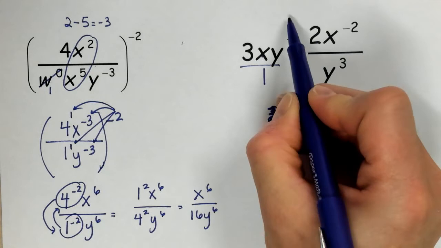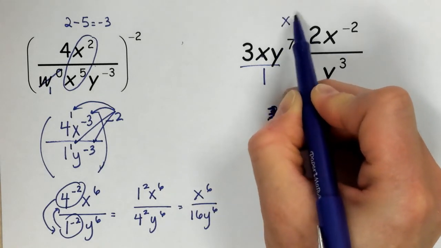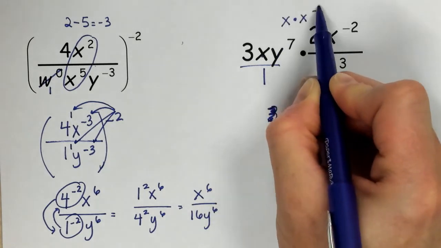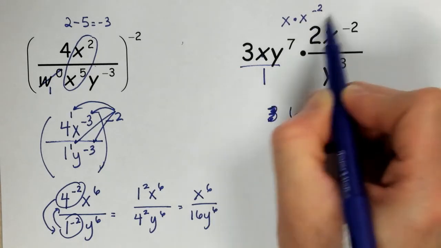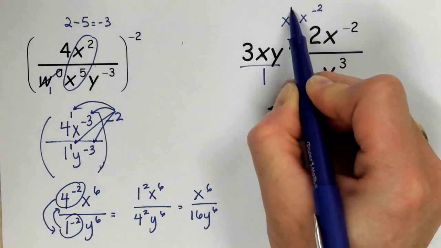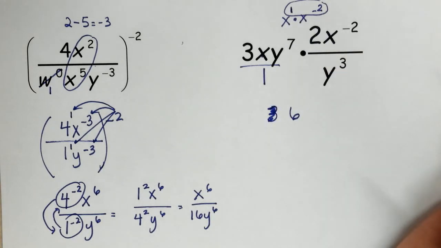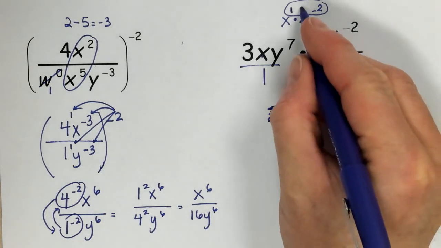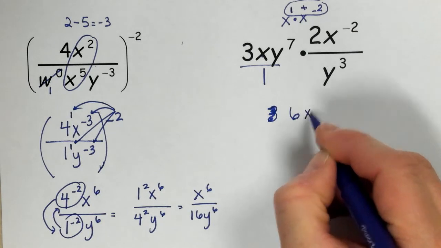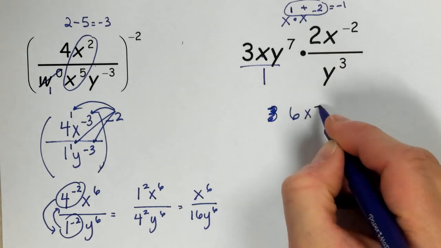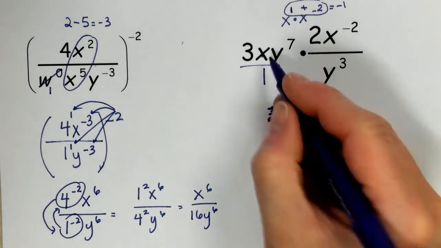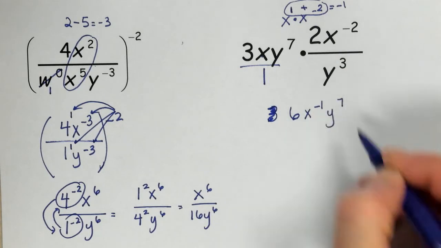X times x to the negative 2. Remember, when you multiply, you want to add the exponents. And remember, there's an invisible exponent on that one right there. So that's going to be 1 plus negative 2, so that's going to be x to the negative 1. And then there's a y to the 7.